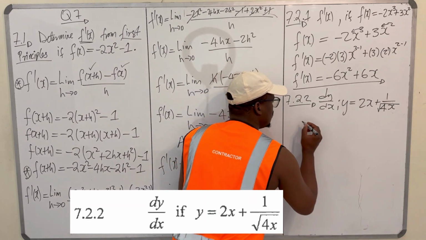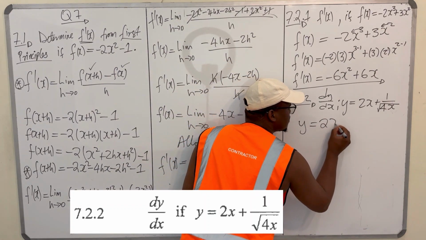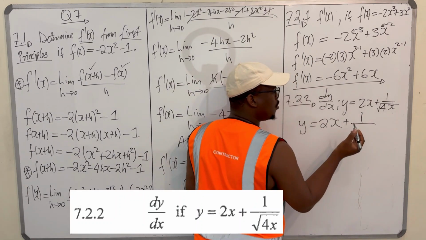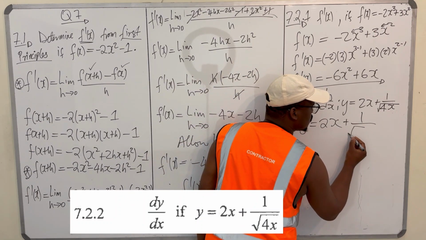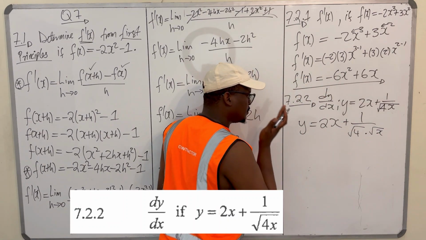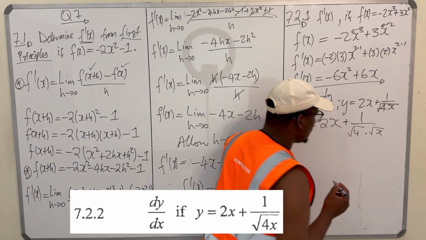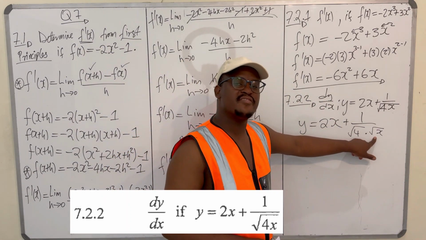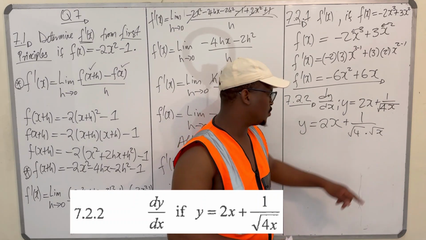So y is equal to 2x plus 1 over the square root of 4 times the square root of x. We haven't sorted our square root problem because we still have a variable under the square root.